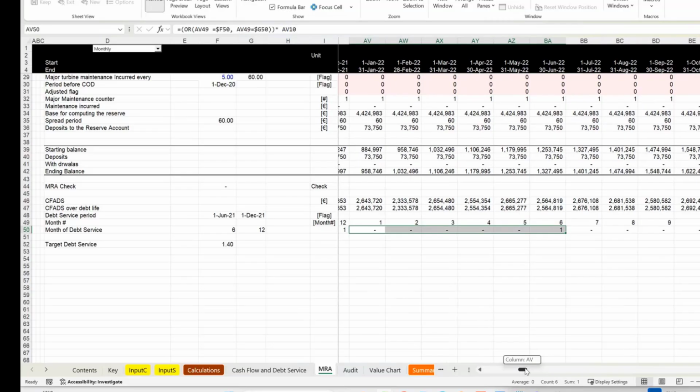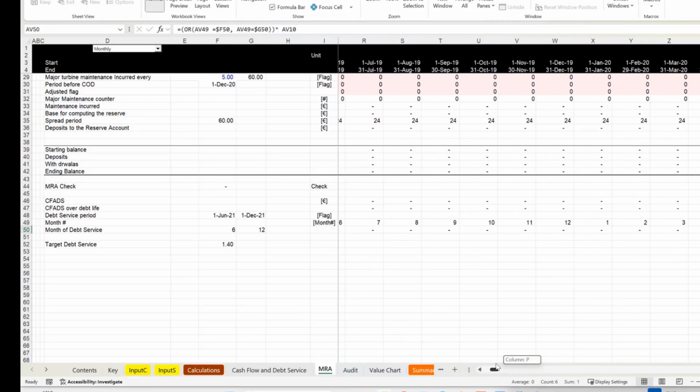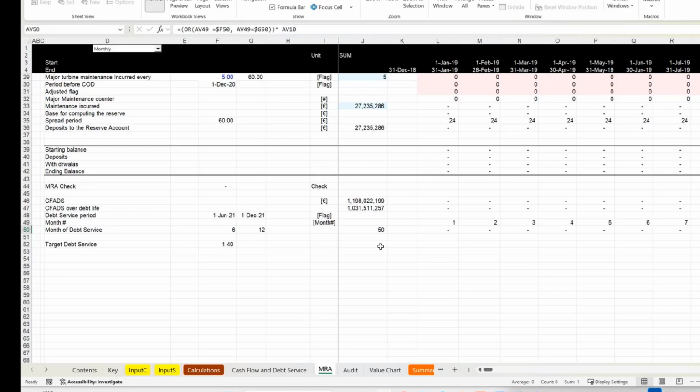So now we're going to do almost the same thing we did with the MRA. We'll go down. Go up one, insert 2 more lines or 3 more lines, maybe even.